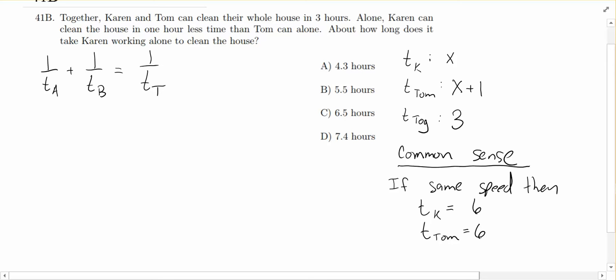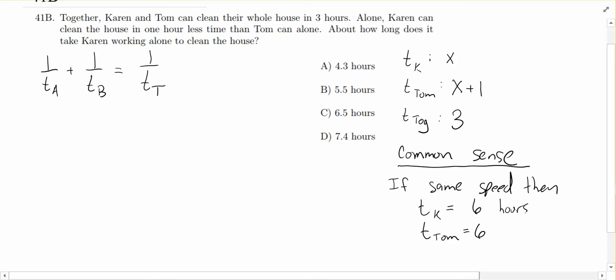This comes from the fact that it would take them twice as long alone as it does together. So if it takes them 3 hours together, then if they're working at the same speed, each one of them would take twice as long. It would take them 6 hours.